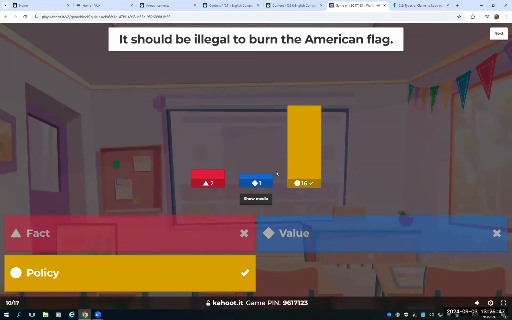It is a claim of policy. Good job. Now we're getting, almost everybody got those. You see that should word, it is a tip off that it's most likely, I'd say 95% of the time, a claim of policy, unless we've got that situation like we should celebrate.